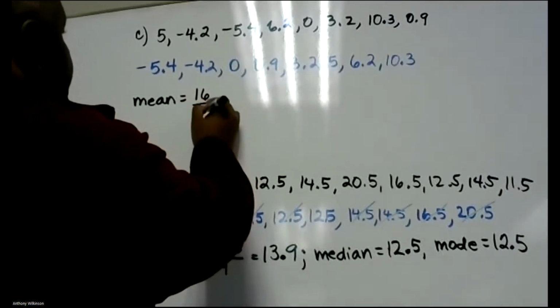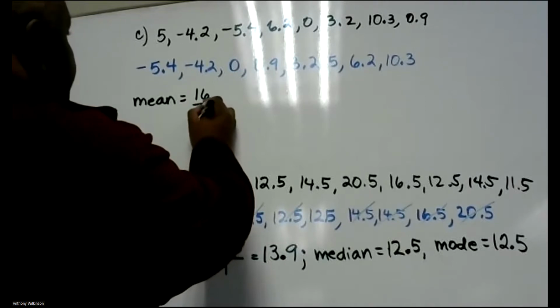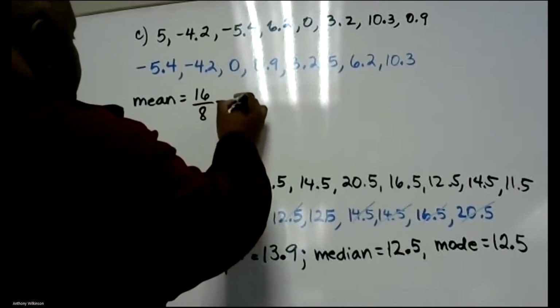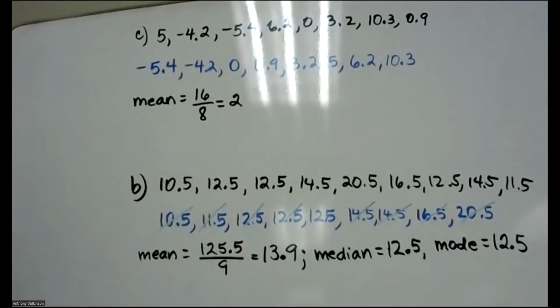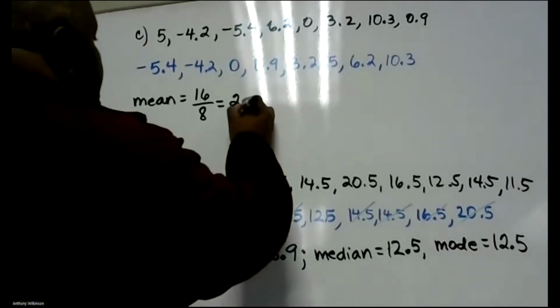I got 16, and 16 is going to be divided by 8, which is, of course, 2. So the mean of this data set would be 2.